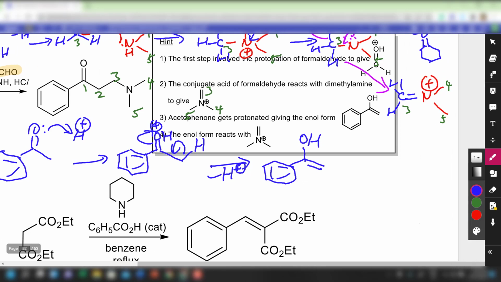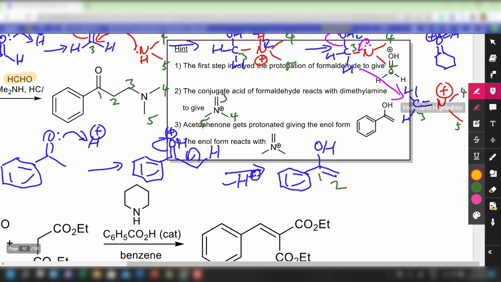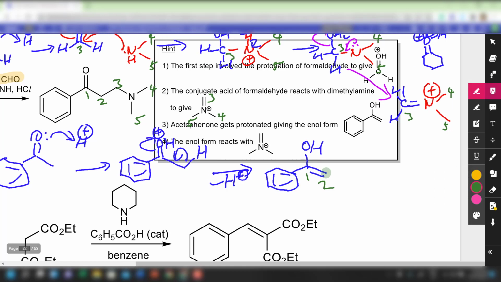And now all stars are aligned because it's carbon 1 and carbon 2. Of course the enol generates what we call a nucleophilic carbon over here at carbon number 2, and the weird looking structure with the quaternary nitrogen is electron deficient at this carbon number 3.